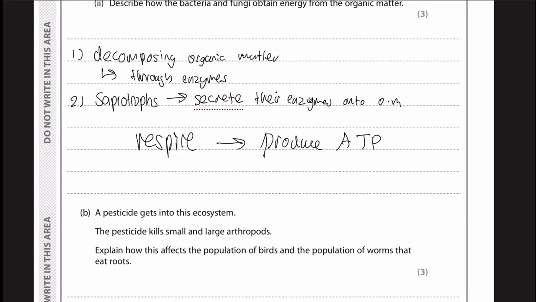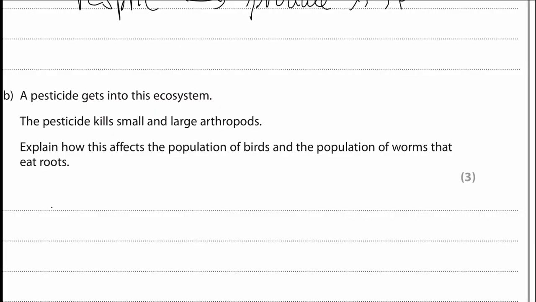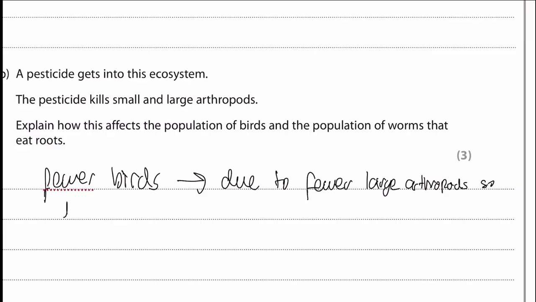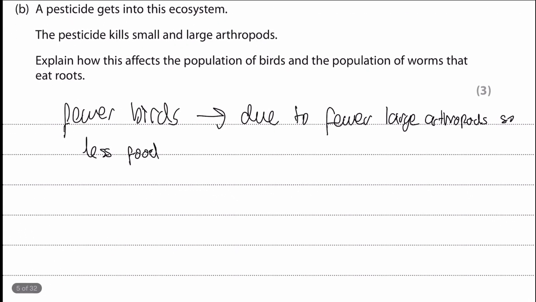So how do we write that in our answer? Well, we're just going to say fewer birds, however you want to say it. And our reasoning is going to be due to fewer large arthropods, so less available food for them.